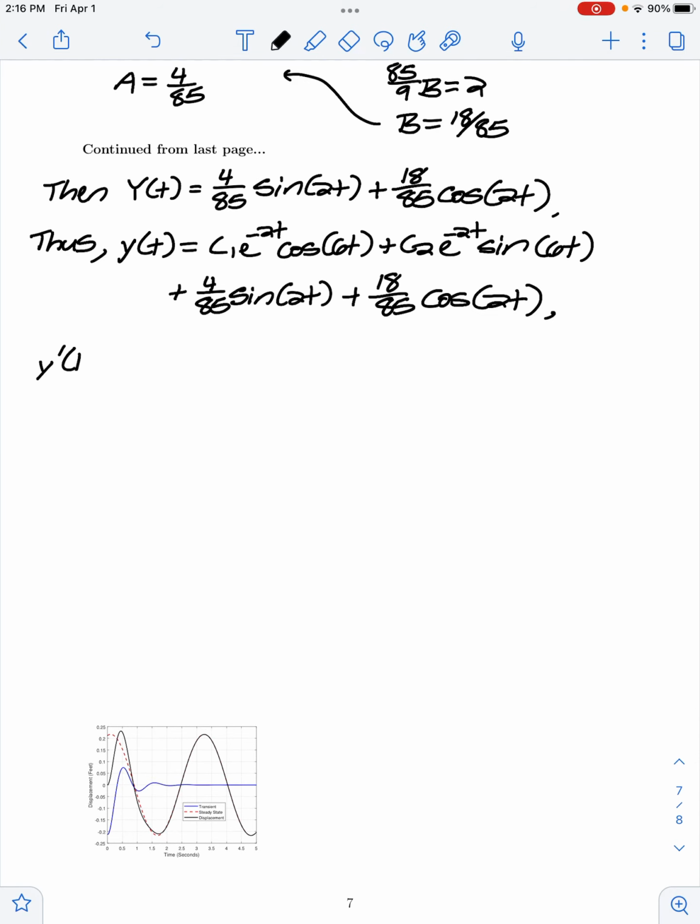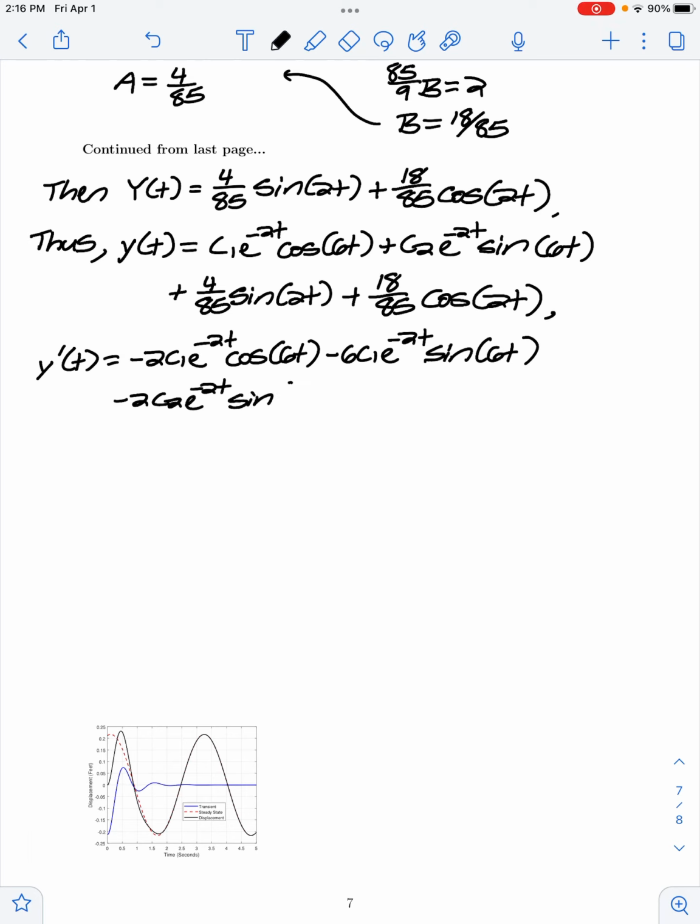So differentiating y prime, making use of the product and chain rules, I have a negative 2c1 e to the negative 2t cosine of 6t minus 6c1 e to the negative 2t sine of 6t, then minus 2c2 e to the negative 2t sine of 6t, plus 6c2 e to the negative 2t cosine of 6t.